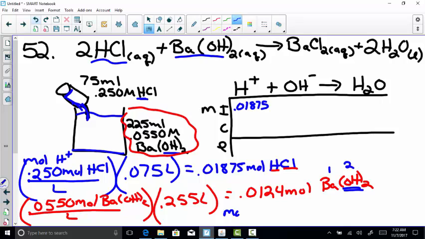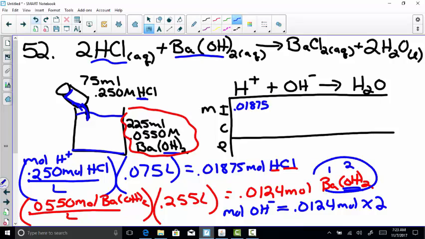So my moles of hydroxide are going to be 0.0124 moles times 2, because for every one of these barium hydroxides, I'm going to get 2 hydroxides out of it. So that means that I have 0.0247 moles of hydroxide ions.